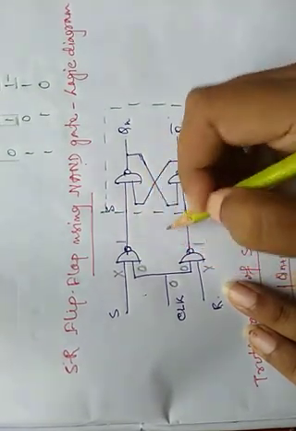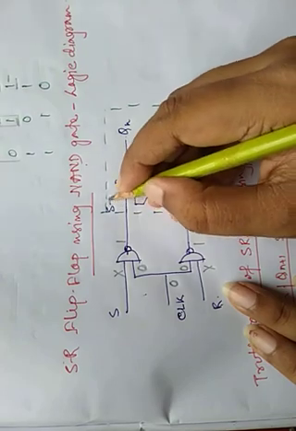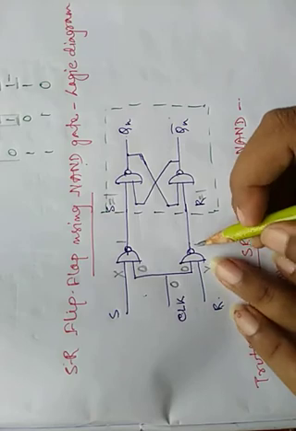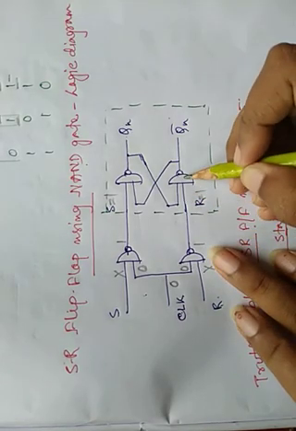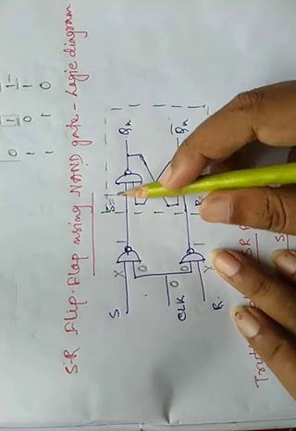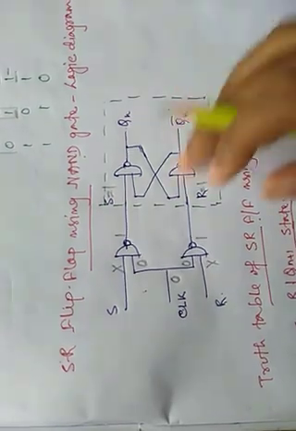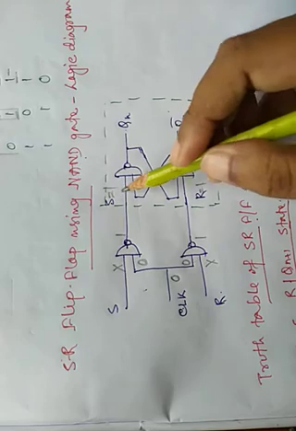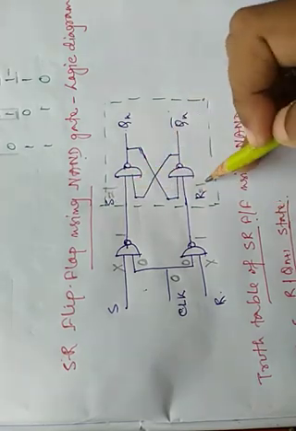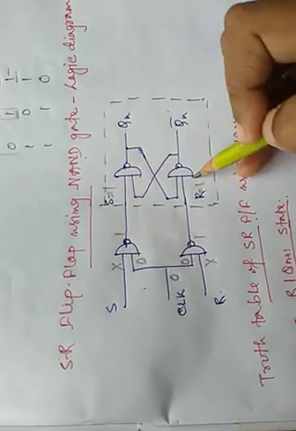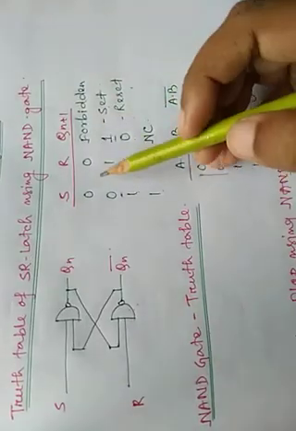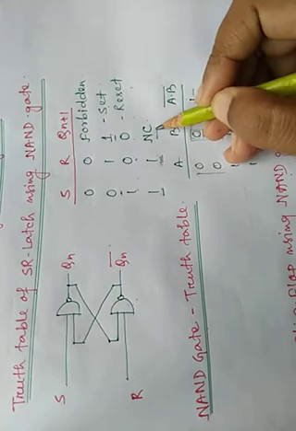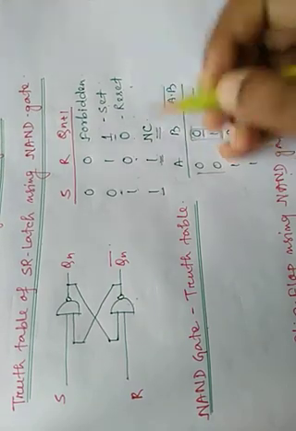As the output is 1, here S is also 1 and R is also 1, because this output goes as an input to the second gate. So S is 1 and R is 1. Now this is the SR latch using NAND gate. For S 1 and R 1 in the SR latch using NAND gate, if both S and R are 1, then the output will be no change.